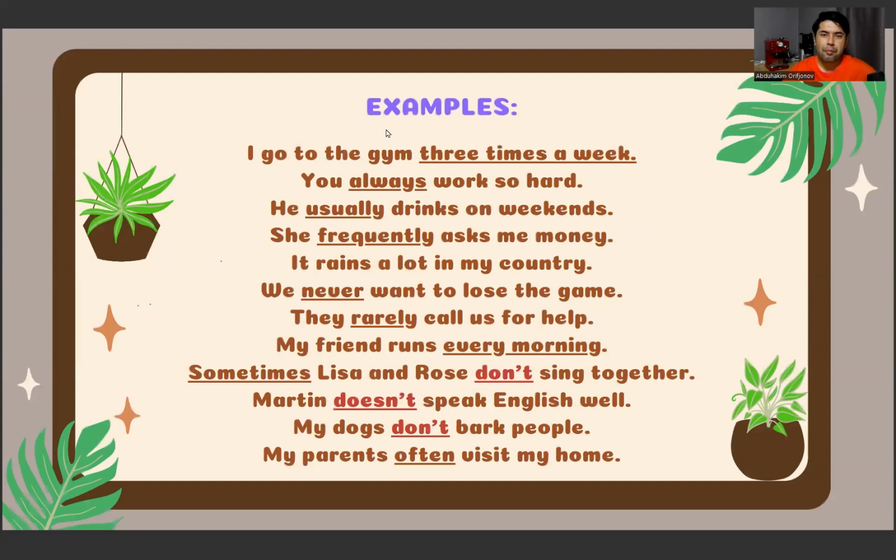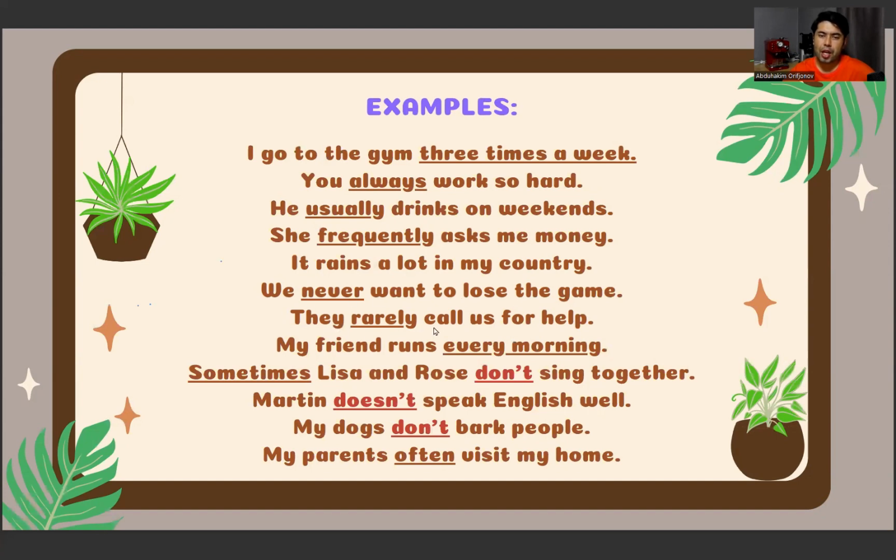Here are some examples. For example, I go to the gym 3 times a week. You always work so hard. He usually drinks on weekends. She frequently asks me for money. It rains a lot in my country. We never want to lose the game.